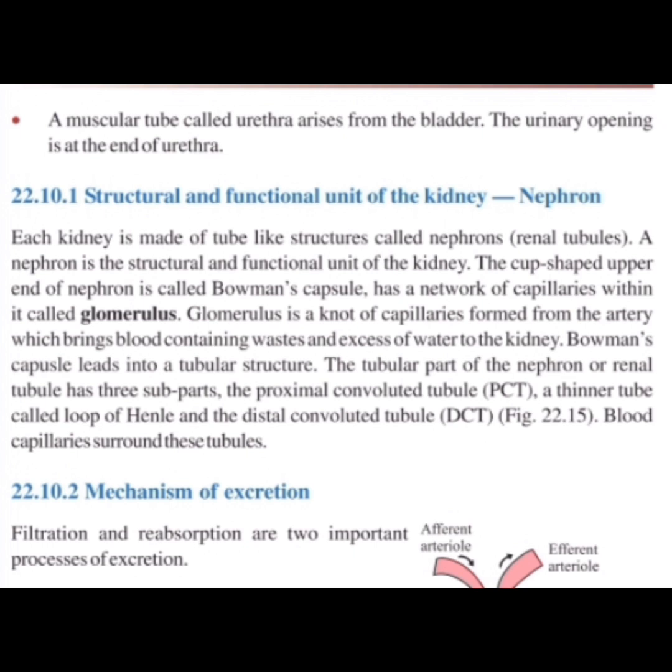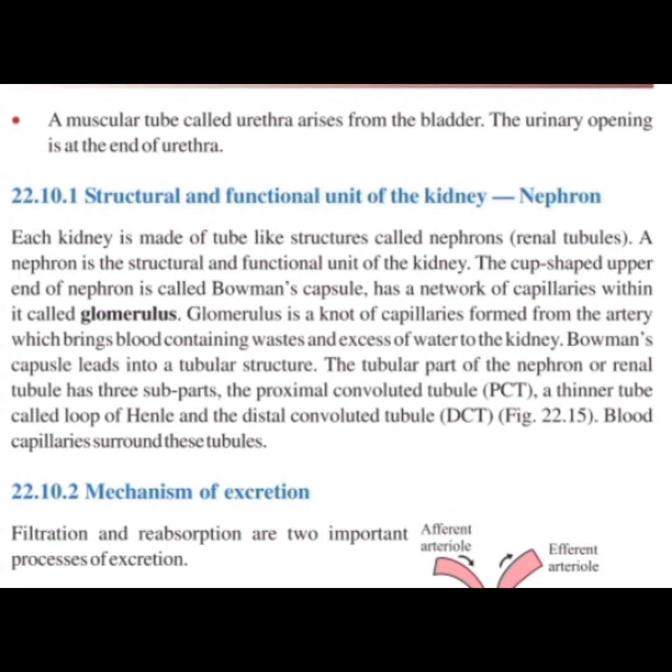So here they are telling us that each kidney is made of tube-like structures called nephrons, or renal tubes, and the nephron is the structural and functional unit of the kidney.